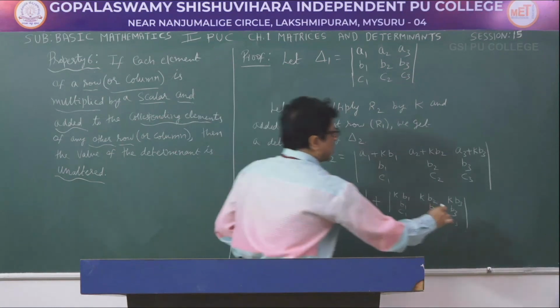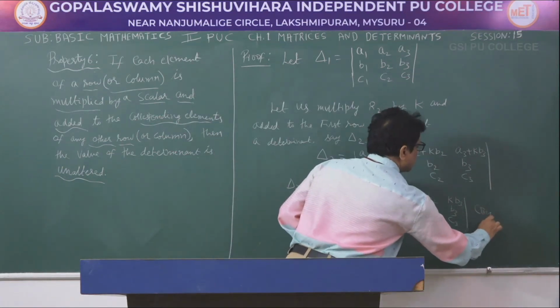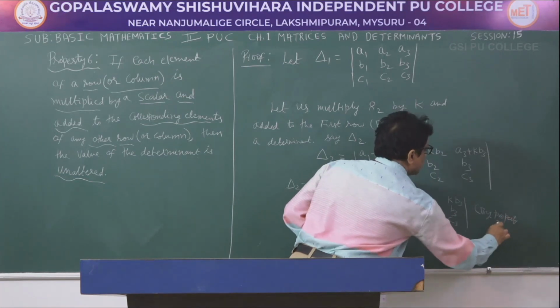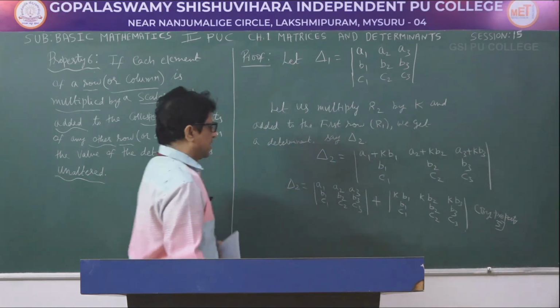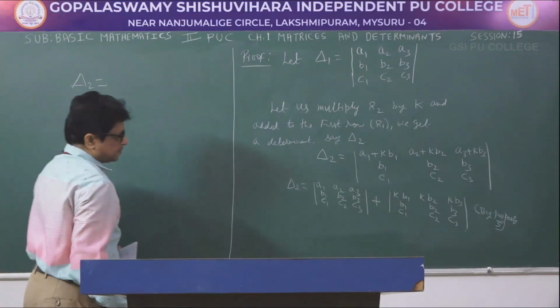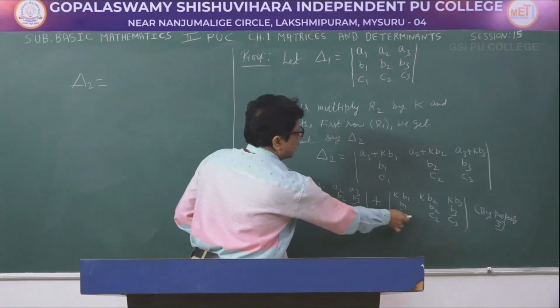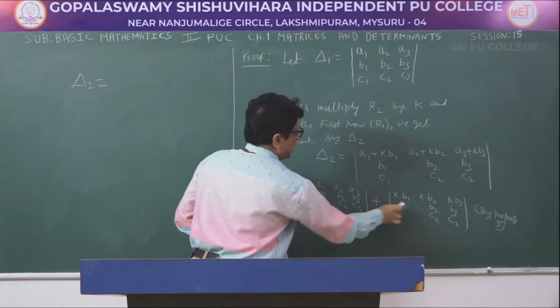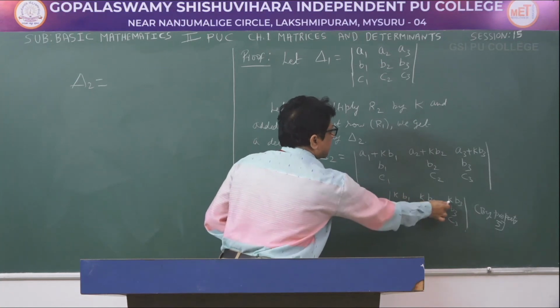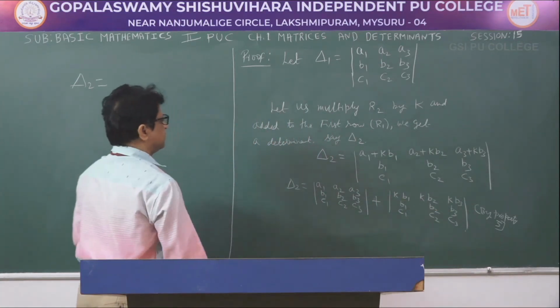This is by property 5. In the second determinant, in the first row, k can be taken outside the determinant.